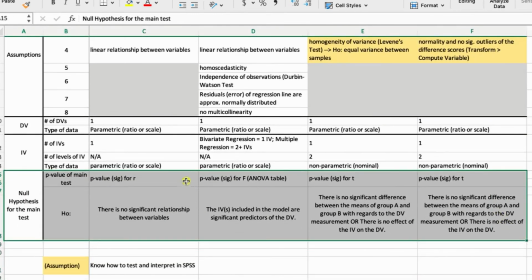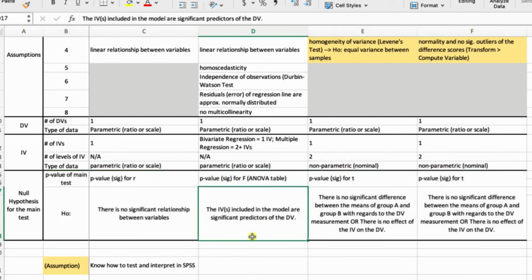Okay. So like correlations, we're looking at the p-value for R when we were trying to see, is there a significant relationship between variables or not? The p-value for F in the ANOVA table is kind of like our main assessment of how well our model worked, predicting a certain dependent variable given its relationship with a number of independent variables.